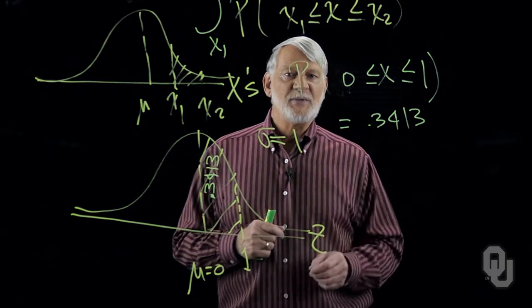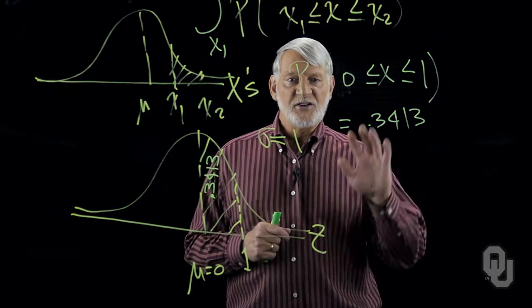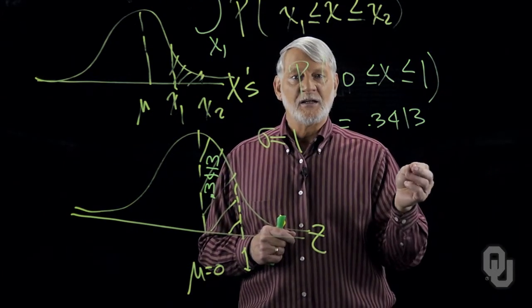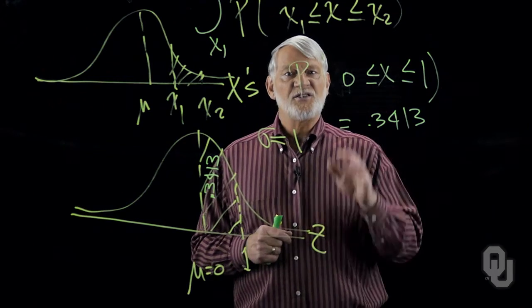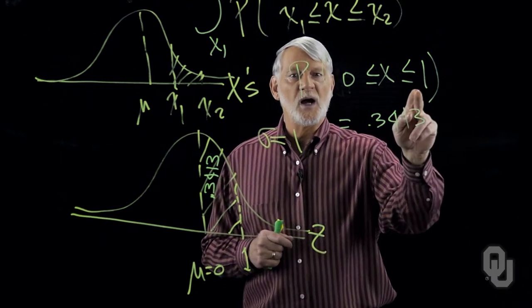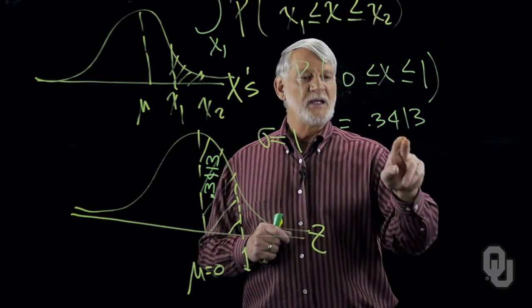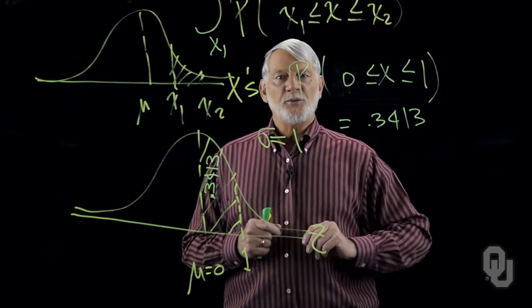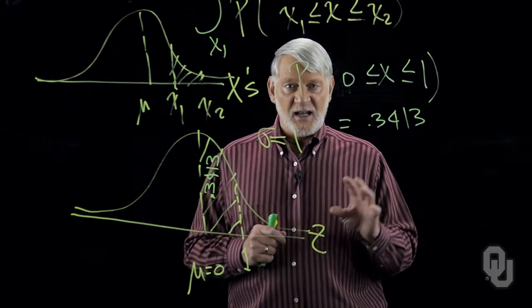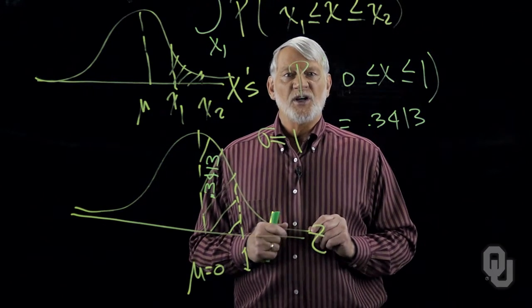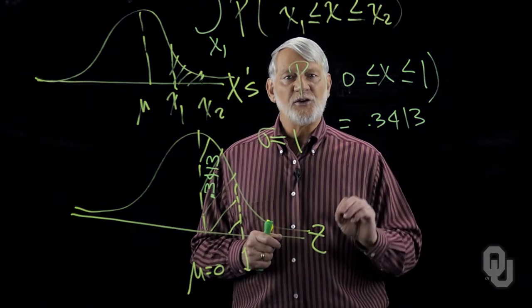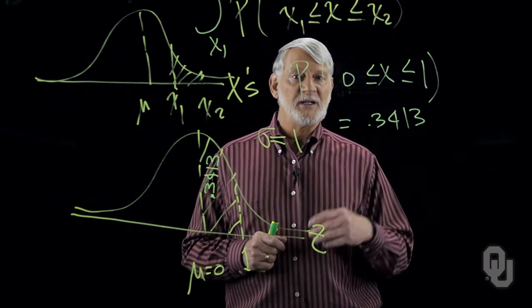If my data has a mean of 10 and a standard deviation of 5, then the probability from 10 to 15, one standard deviation, is the same as from 0 to 1. And we've already found that to be 0.3413. To compute probabilities, that is, areas, for any normal distribution, we need only convert the particular normal distribution to the standard normal distribution and look up the answer in the tables.